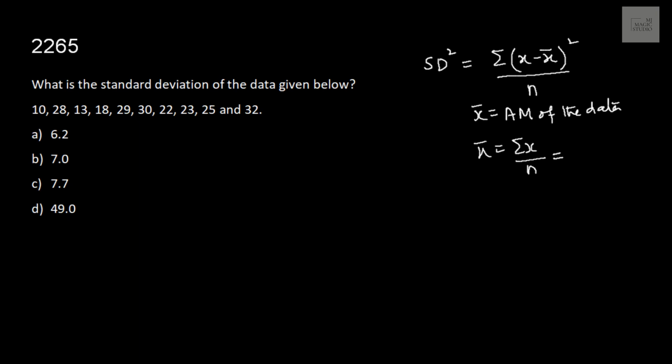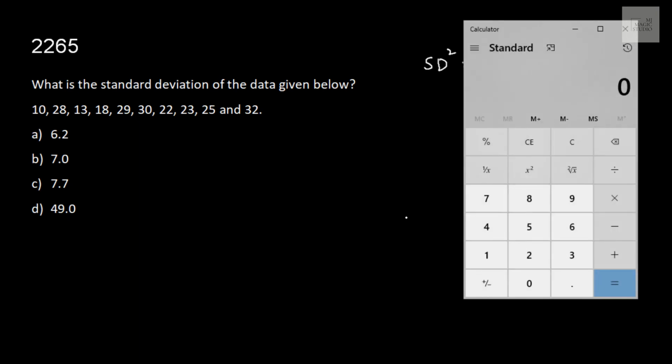So let's calculate this first. 10 plus 28 plus 13 plus 18 plus 29 plus 30 plus 22 plus 23 plus 25 plus 32.